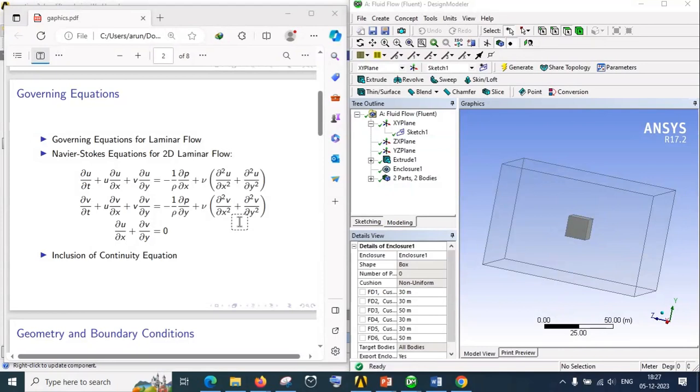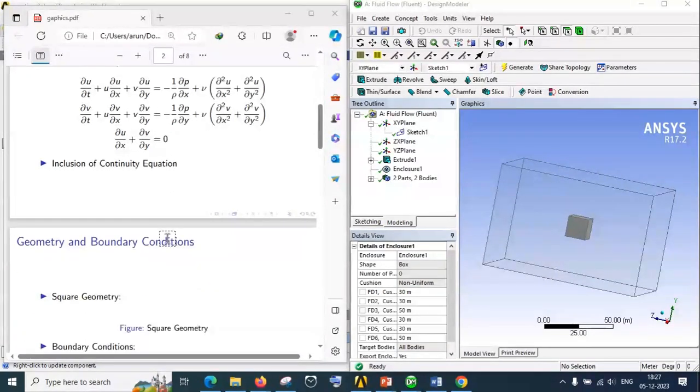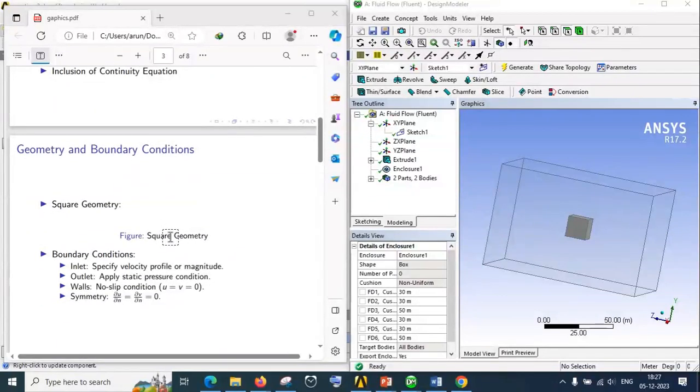Along with the continuity equation that the flow follows, there are the geometry boundary conditions and the inlet velocity profile, which gives the magnitude of the velocity.